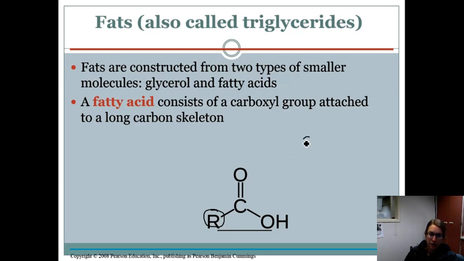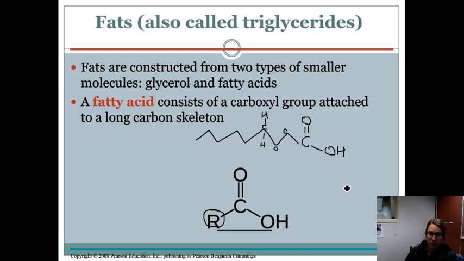So, if you remember our shortcut way of drawing things, we can just do a long chain like this. It looks like a zigzag, and at every corner, in reality, there's a carbon. And if this carbon doesn't have enough bonds, it should have some extra hydrogens until it has 4 bonds.